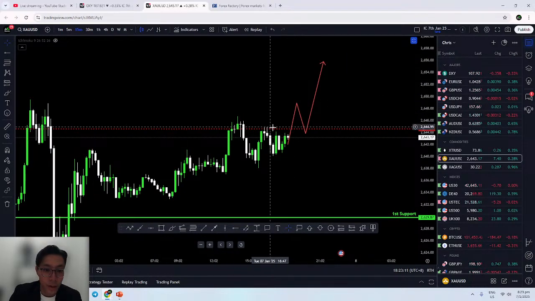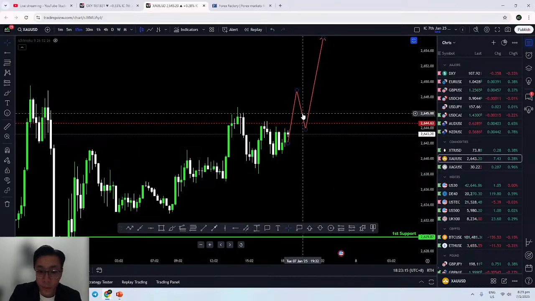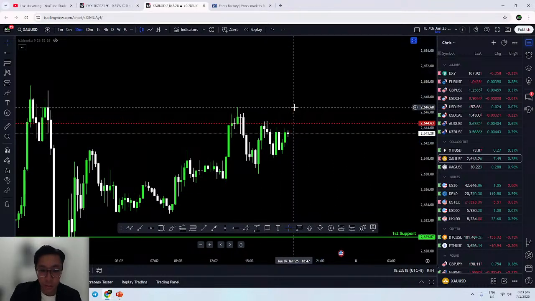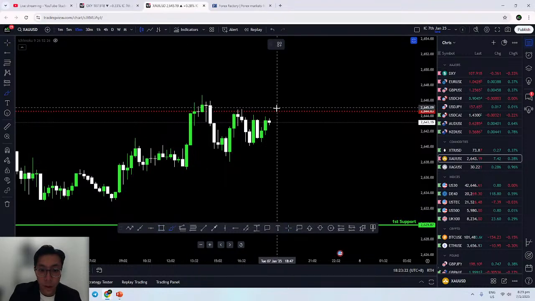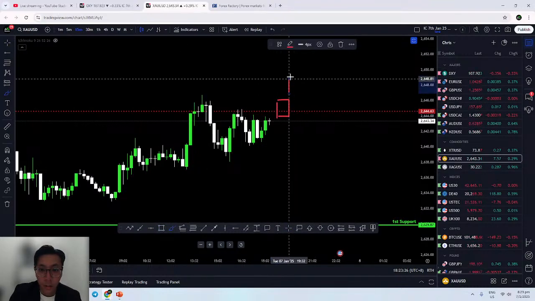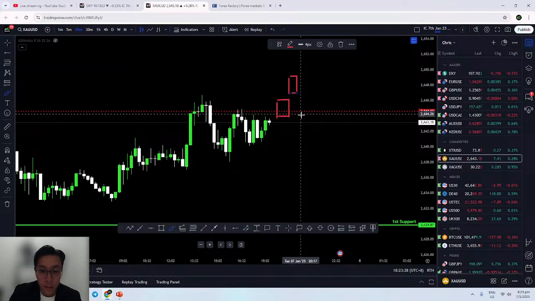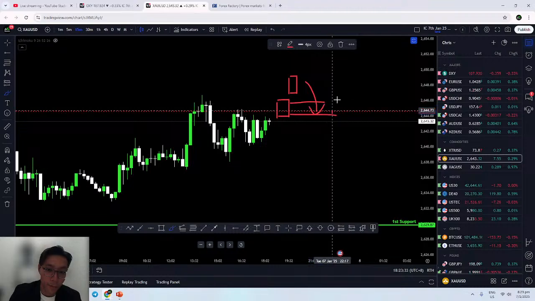We are waiting for price to break past this high, then we will enter. Ideally, let me just mark it up for you guys. We are waiting for price to do something like this, break past this high, then we will have something like this, then generally you have an FVG for you to enter from.